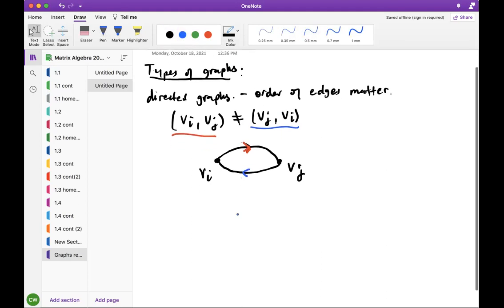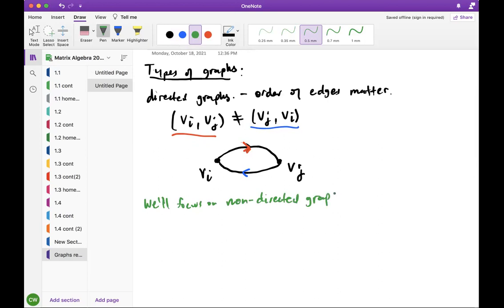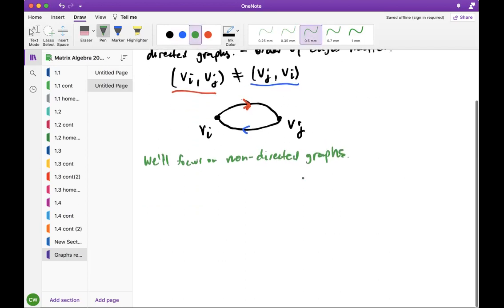For our class, we'll only be focusing on undirected graphs, so we won't have this distinction between left and right. In our case, VI, VJ is the same as VJ, VI.